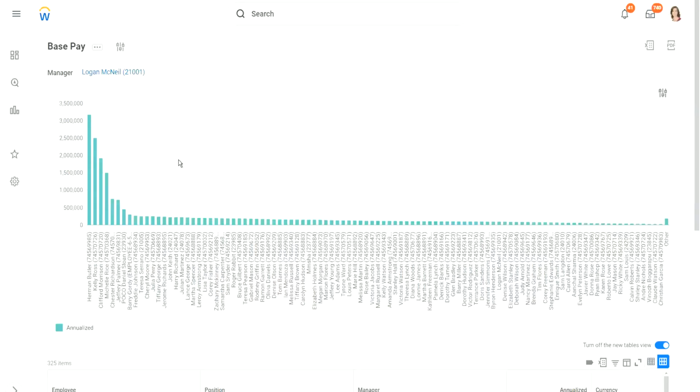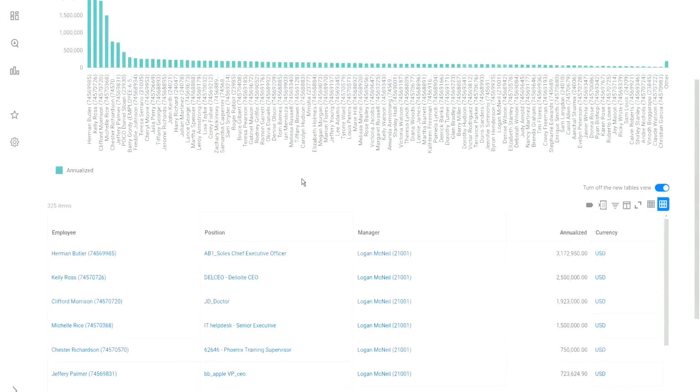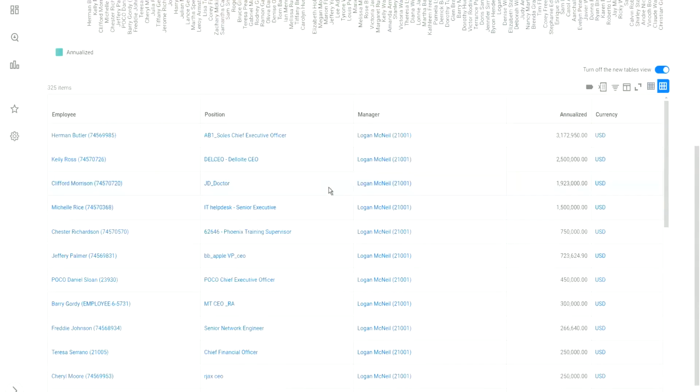So this is our standard report. The base pay is a standard report, but do you think that it can be improved? Or is it missing some information? Wouldn't it be better if we have things like, let's say, the hire date or maybe the location, etc., as part of this, isn't it?